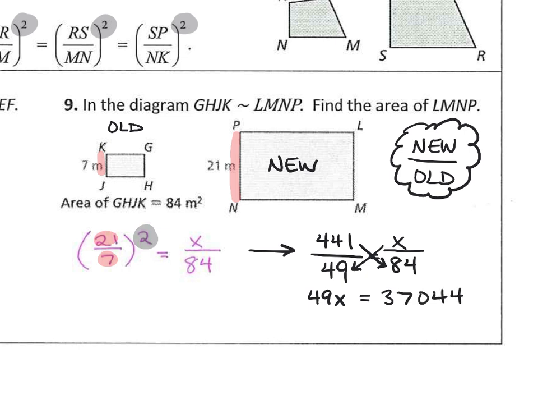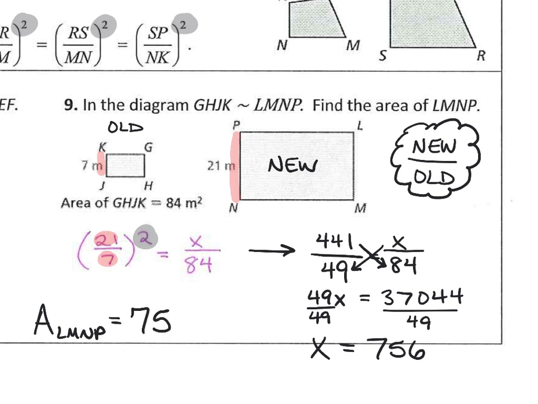I'm fast forwarding because I know we know how to type stuff in a calculator. Is that okay with everybody? To solve for x, we divide by 49. We would get that x is equal to 756, which means for me that the area of LMNP, the other quadrilateral, is 756 meters squared.